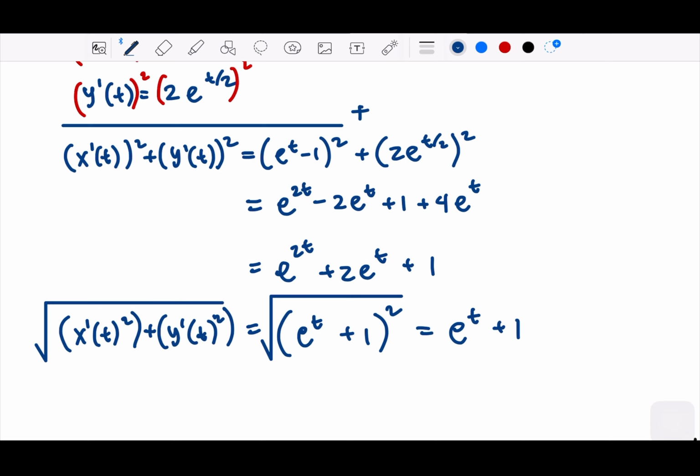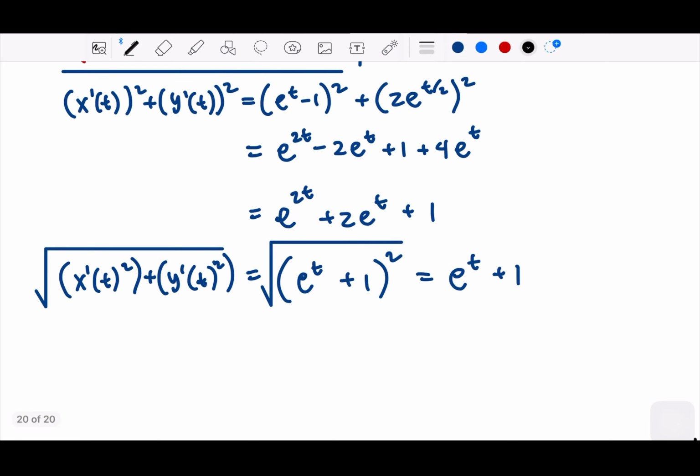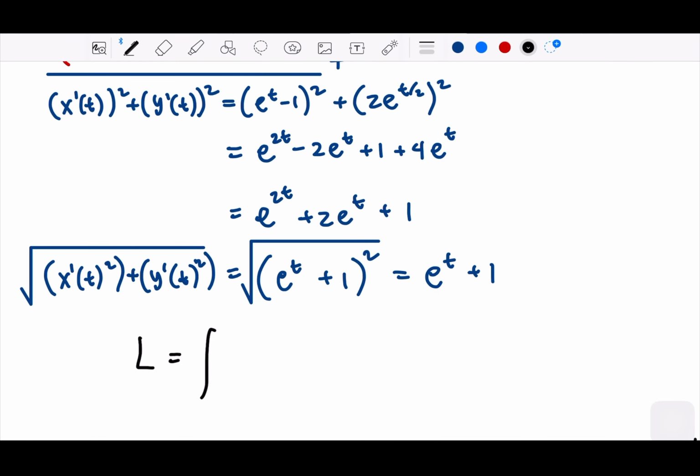Okay, so the so-called length from 0 to 2 is just e to the power of t plus 1. Maybe take the absolute value to make sure that this is correct. Well, you may skip that one. You can make it directly positive because e to the t plus 1 is, of course, a positive value, right?